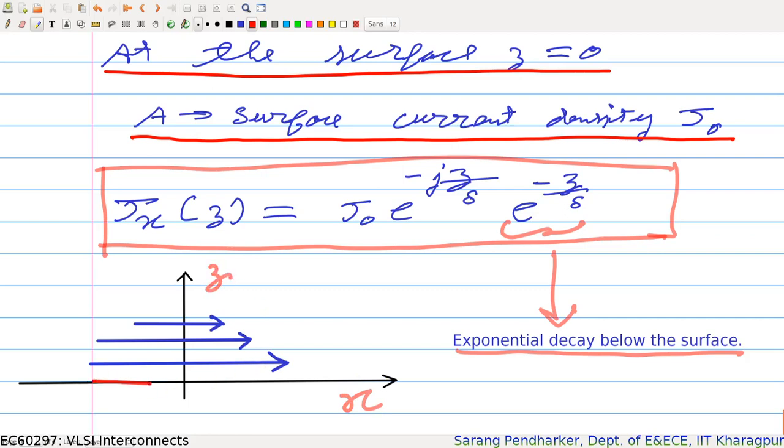So the current density here is j0, and then below the surface it goes on diminishing. So delta is the distance at which the current density decays to 1 by e times. This delta we will discuss more in detail in the next lecture. So this is what gives me the skin depth and skin effect of my conductor.